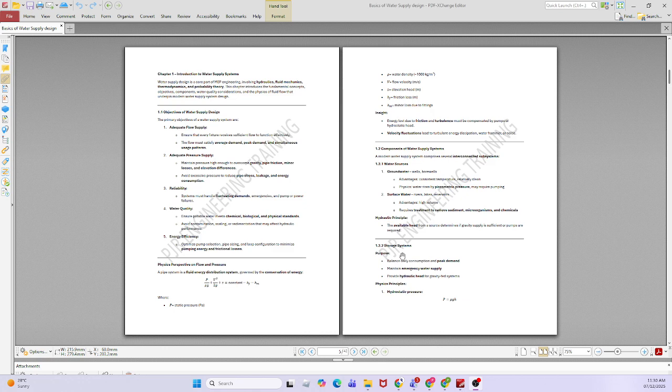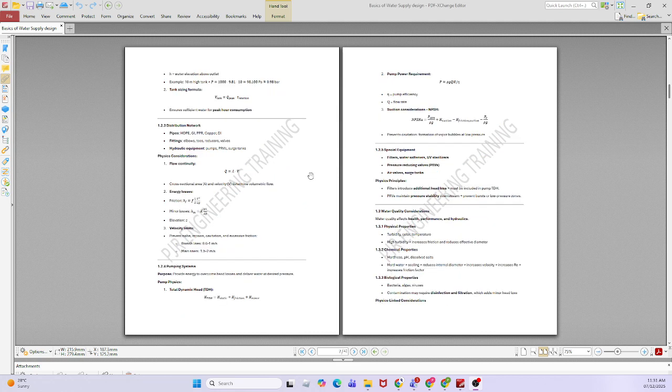Then you can see the storage system. The purpose is to balance daily consumption and peak demand. For example, in the Middle East we normally go with 1 day, or for some applications 2 days. But in some other countries they may require 6 days, 1 week, sometimes 10 days of storage, depending upon availability. Here the physics principle is hydrostatic pressure, P equals rho g h, where h is the elevation and P is the pressure.